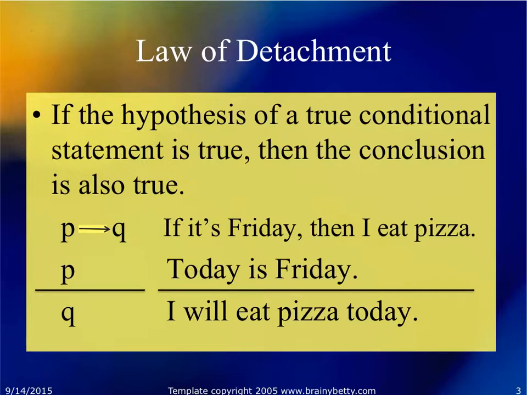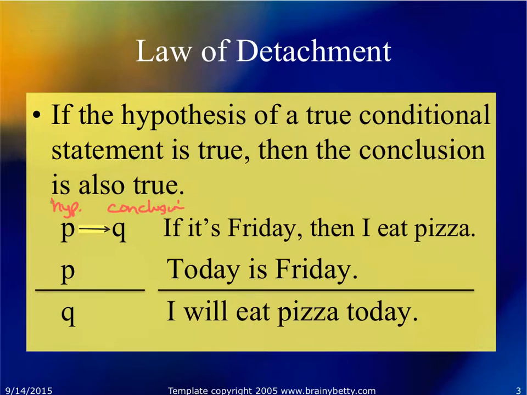Now, yesterday we talked about the hypothesis, and it would be named with the letter P, and then the conclusion could be represented by the letter Q. So again, this P represents the hypothesis, and the Q is the conclusion. And then the arrow is indicating the order it goes in. So if P, then Q.